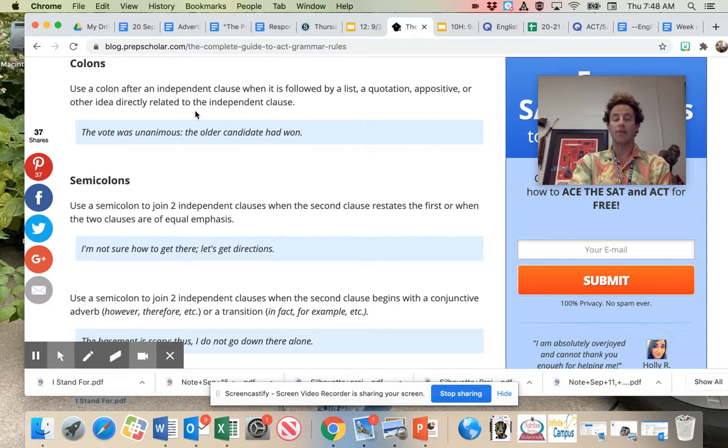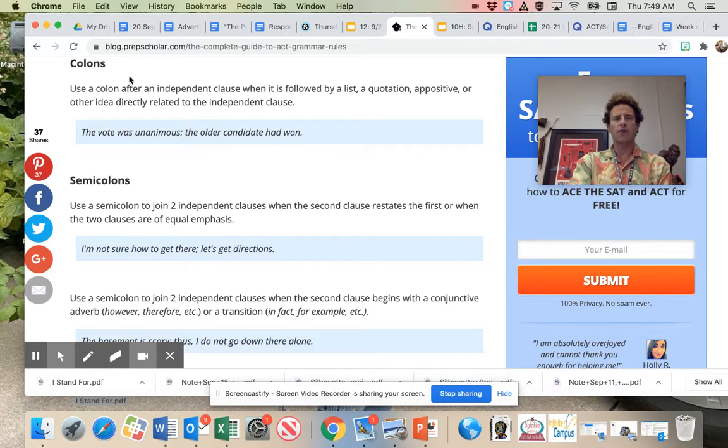So it has to be directly related to the previous independent clause. The vote was unanimous: the older candidate had won. So notice how this statement, the older candidate had won, clarifies information about that vote. So the vote was unanimous. The older candidate had won.